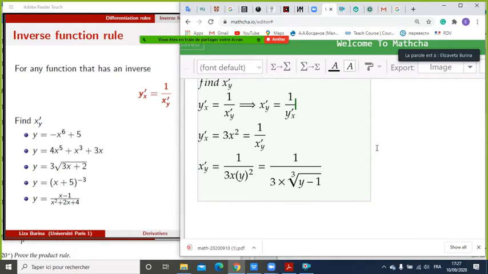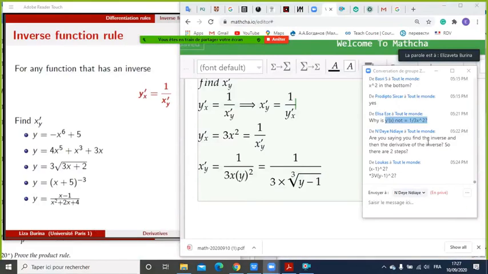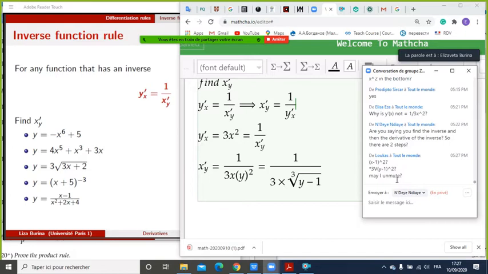I don't know why I don't receive the notifications from the chat. Okay, I think I answered everything. What's x minus 1 squared? 3 square root of squared. But no, you're right. You don't even have to unmute.